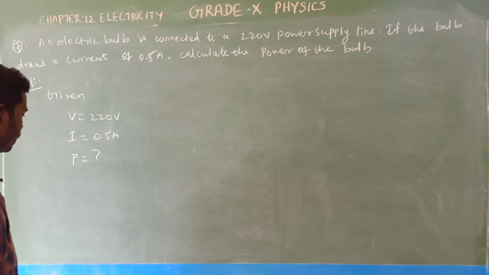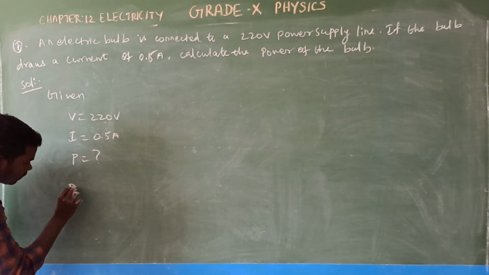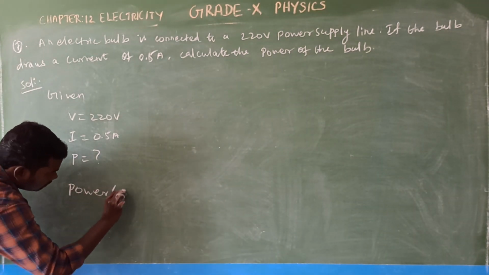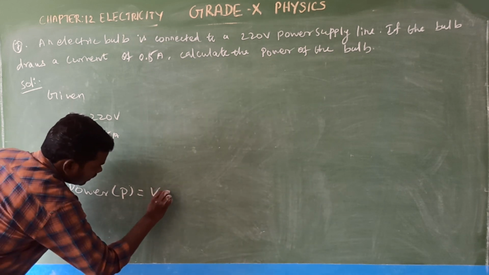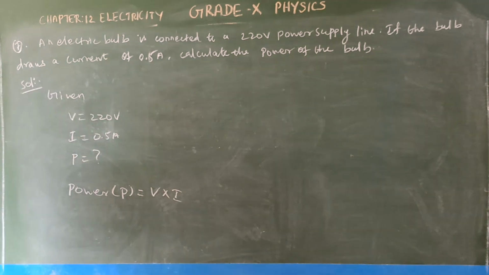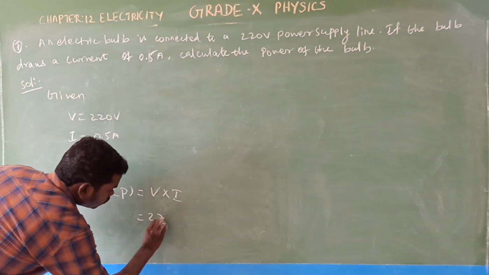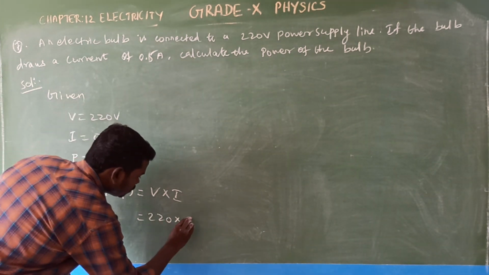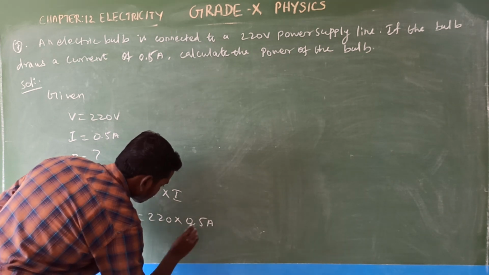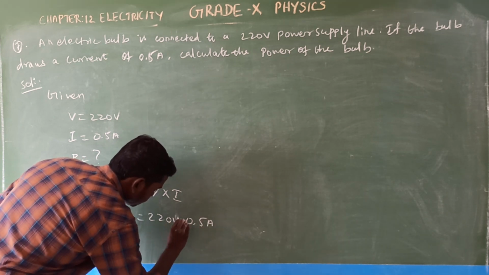Already we know power P is equal to V into I, voltage into current. So voltage value 220 volt into current value 0.5 ampere. Volt into ampere.